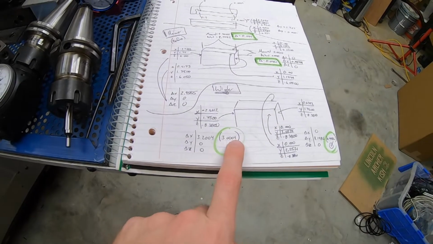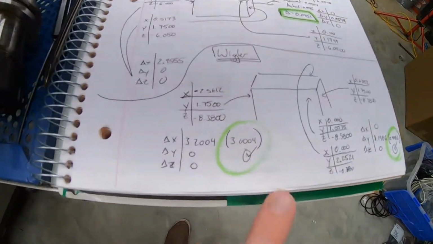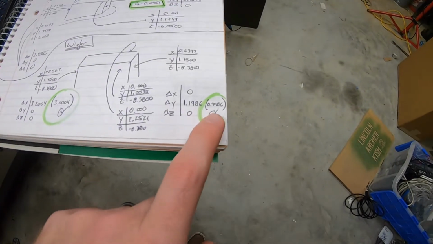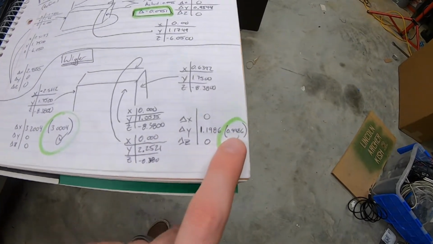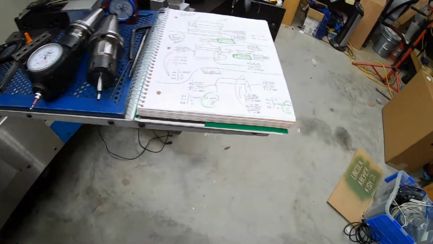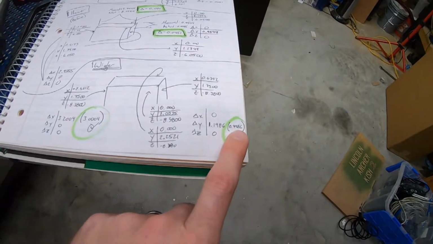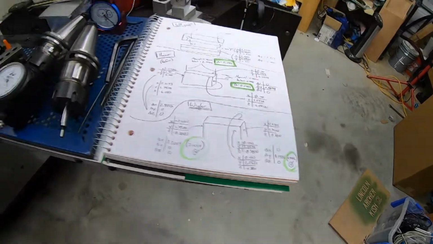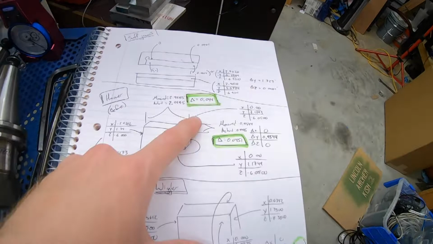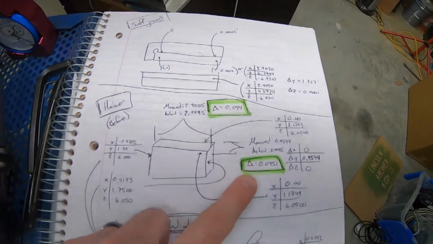So that's 4 thou or 4 tenths, 3.004. And then this is 0.9986 for the thickness. So that's a little over a thou and 4 tenths difference. So a lot closer than my 44 and 45 thou differences.